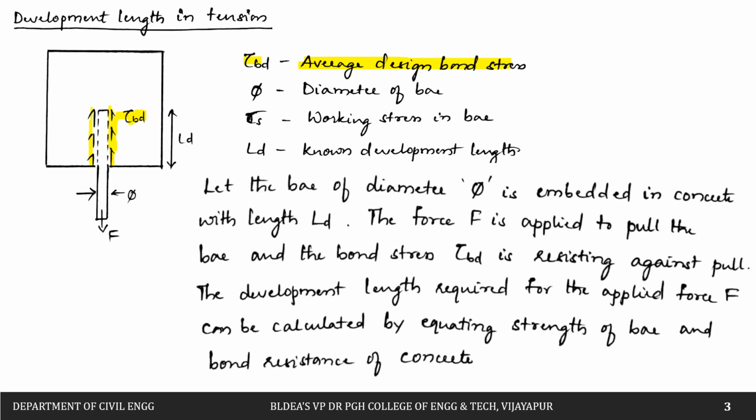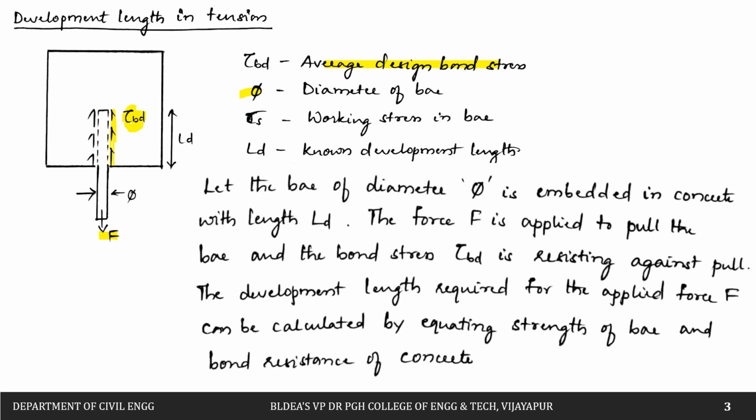The development length required can be calculated by equating the strength of the bar and the bond resistance of concrete. Let me tell you once again: whenever we apply a force F, there develops a stress tau BD, which we call the average design bond stress.